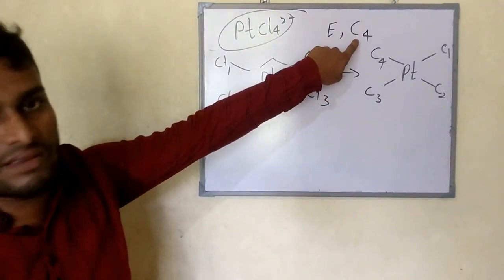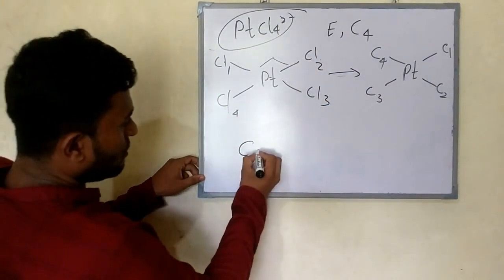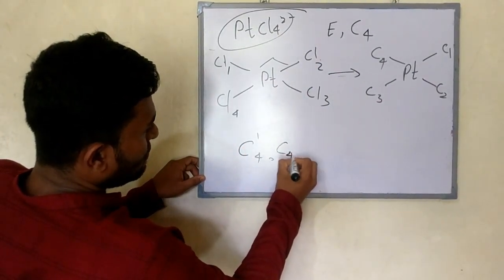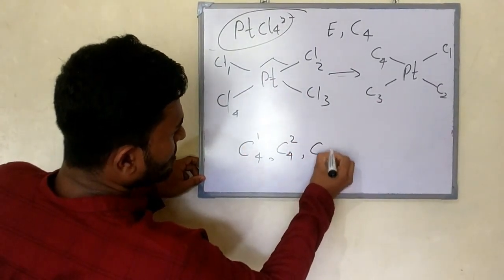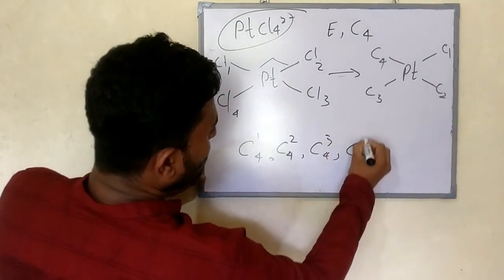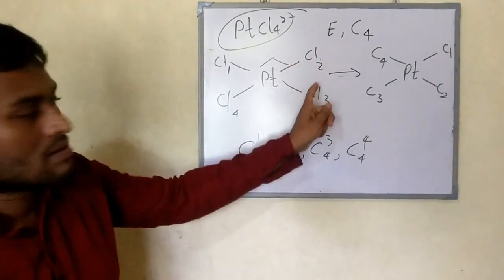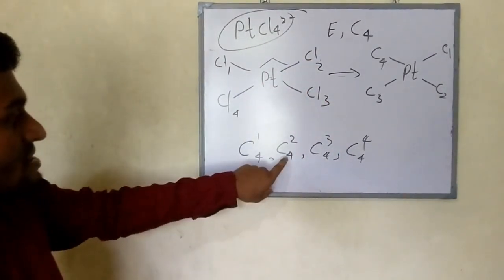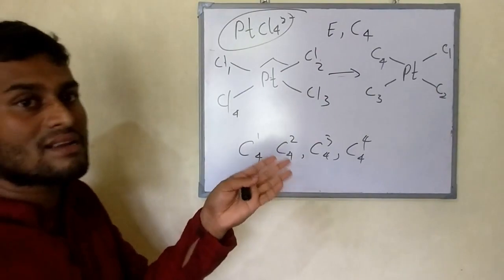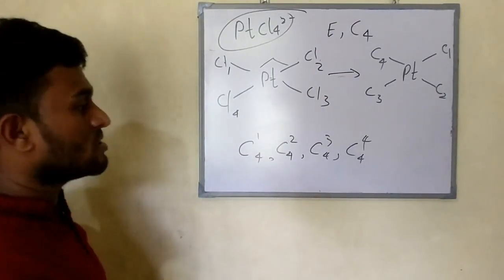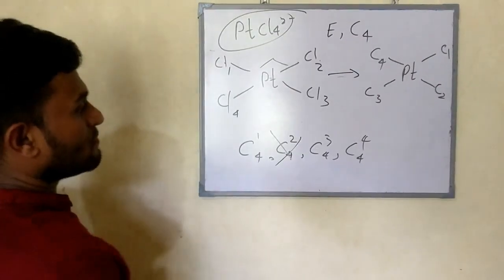If you write this C4, in C4 there are 4 types, C4-1, C4-2, C4-3, then C4-4. C4-1 means this operation. C4-2 means 90 into 2, that is 180. That is C2. So you can't write C4-2.